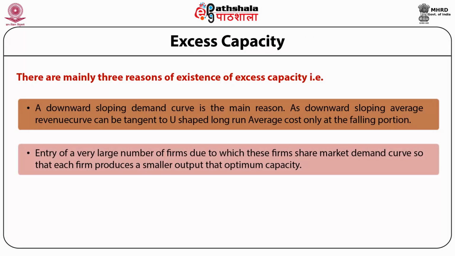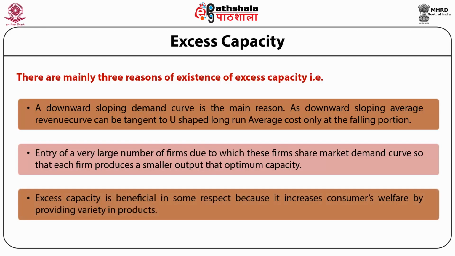Entry of a very large number of firms, due to which these firms share the market demand curve, so that each firm produces a smaller output than optimum capacity. Excess capacity is beneficial in some respect because it increases consumers' welfare by providing variety in products.